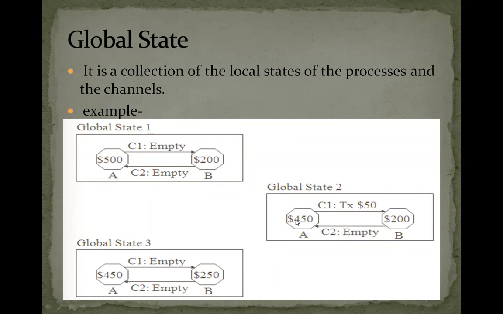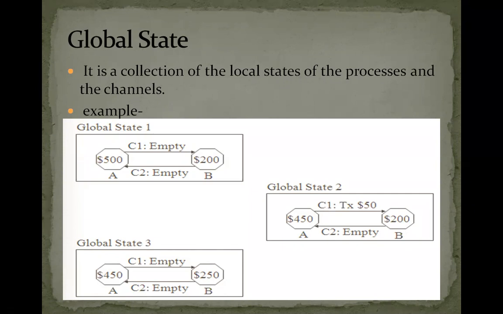And n dash is the number of messages sent by A along the channel before the channel state was recorded. And that is why it is showing the inconsistency.